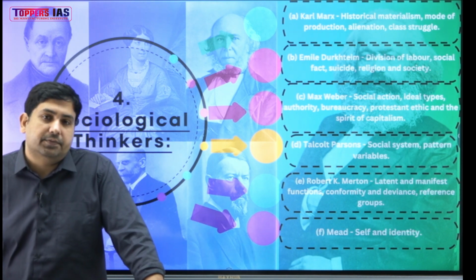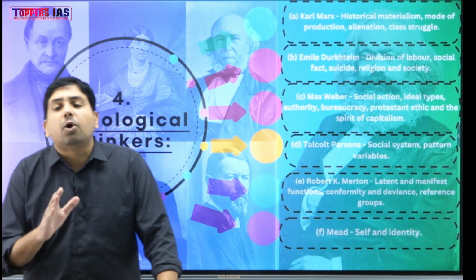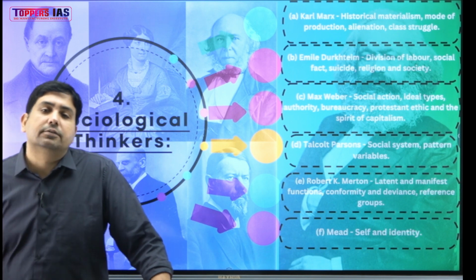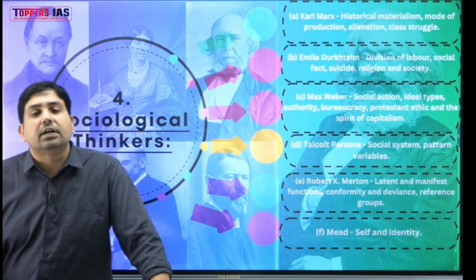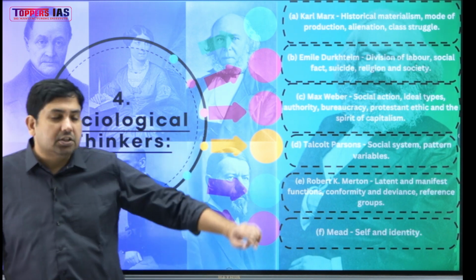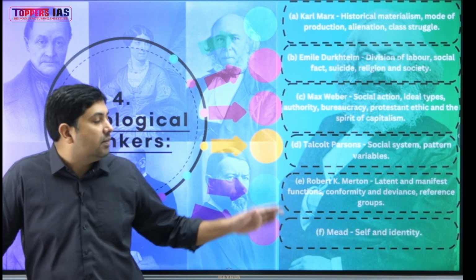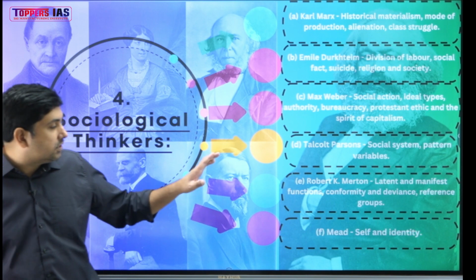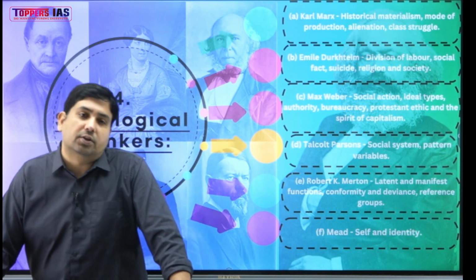This is actually the backbone of sociology, the core part of sociology paper 1, the sociological theories. There are 6 thinkers mentioned in your syllabus: Karl Marx, Max Weber, Emile Durkheim. Okay? And these 3 combined are called the founding fathers of sociology.